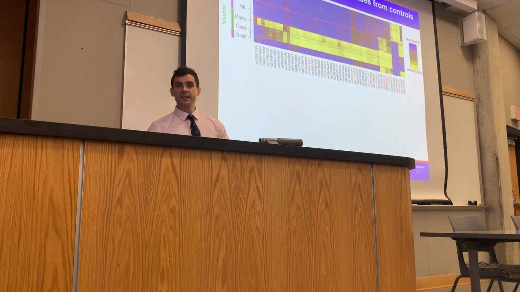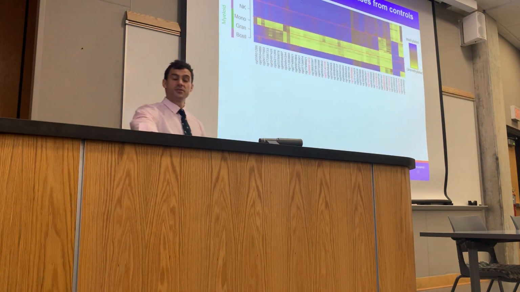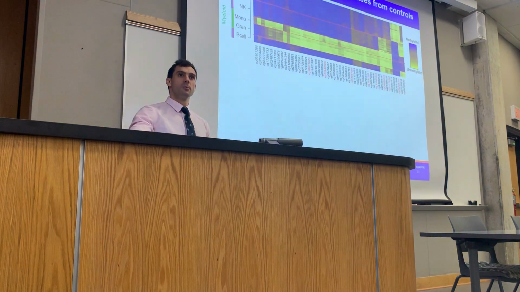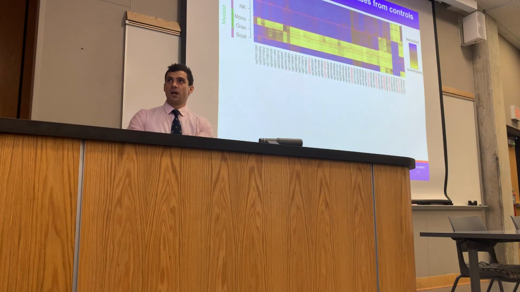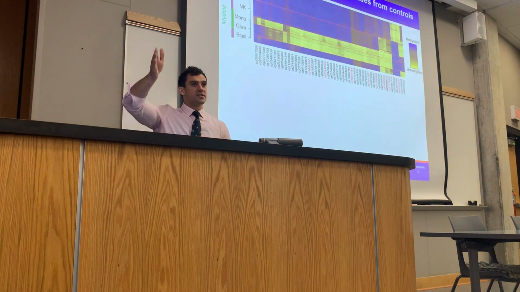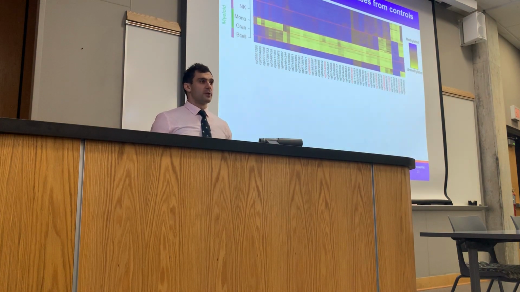Now basically what we did was, these are kind of the same heat maps that I was showing you before, except I'm flipping it, I'm transposing it. What we're doing here is we are finding the CpGs that exhibit a different methylation signature between different white blood cell types, and we're asking the question, are those same CpGs differentially methylated between people that have cancer and people that don't?